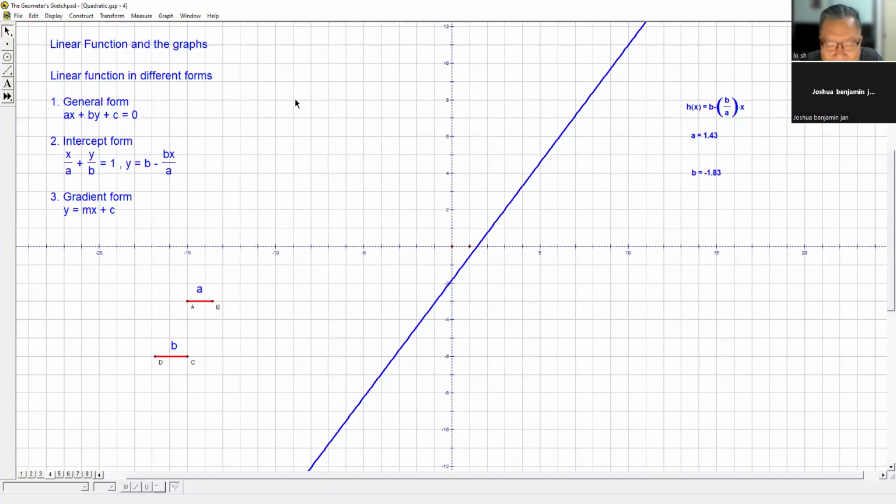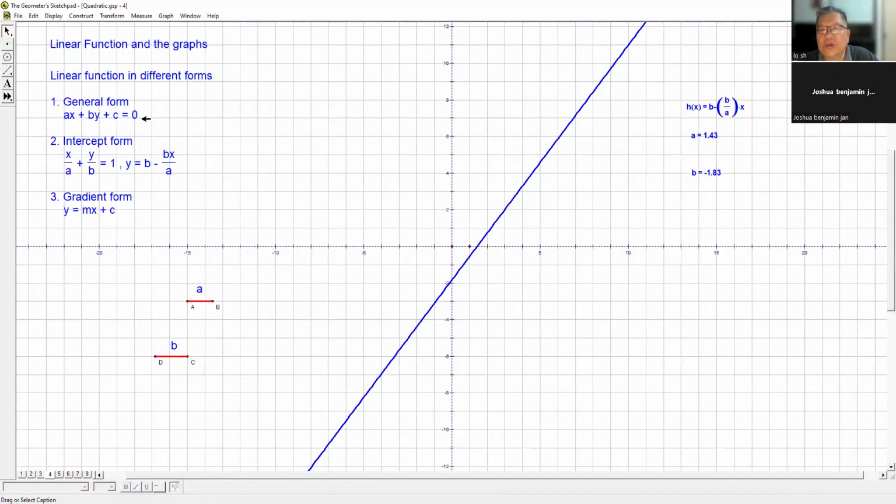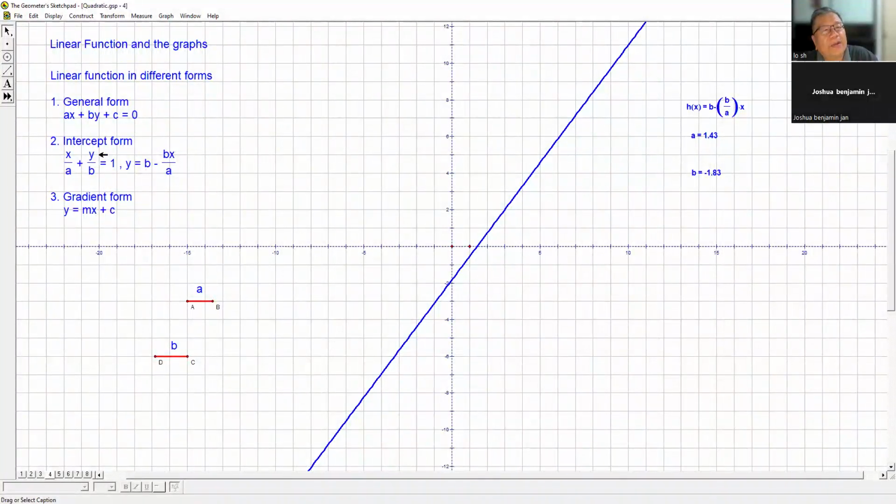This linear graph actually has three forms. You don't look at the f(x), you just look at the y equal to mx plus c, right? The three forms are ax plus by plus c equals to 0. Another one is the intercept form, x over a plus y over b equals to 1. This is the intercept form. And the one that is very famous, very popular is this one, the gradient form, y equals to mx plus c.